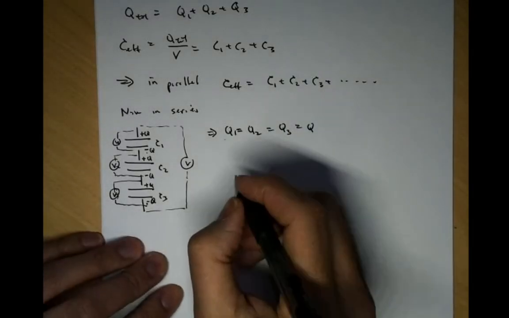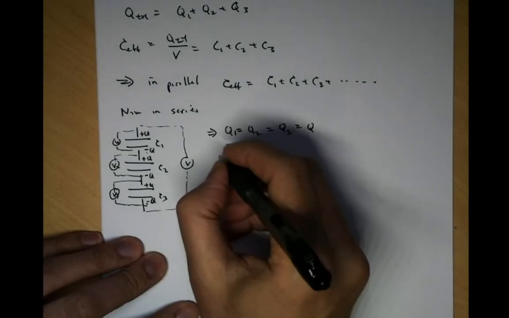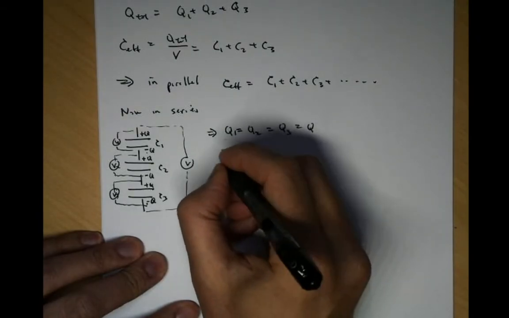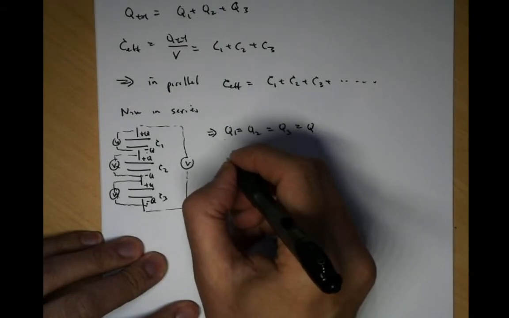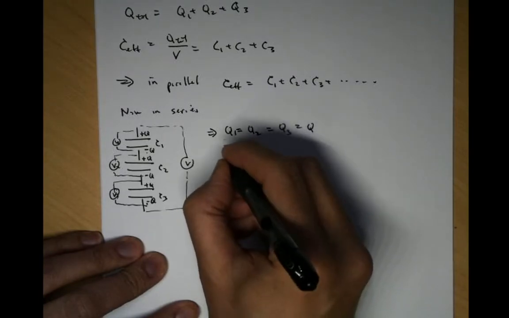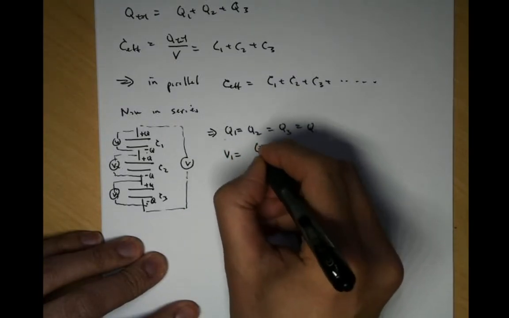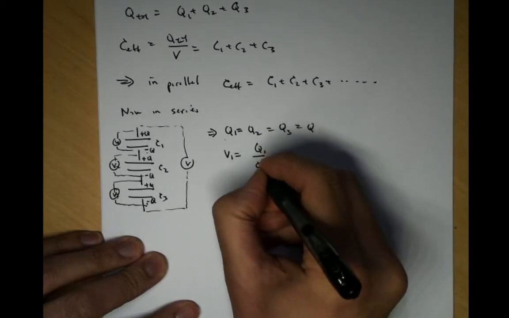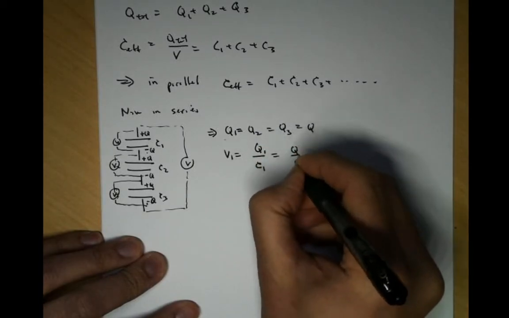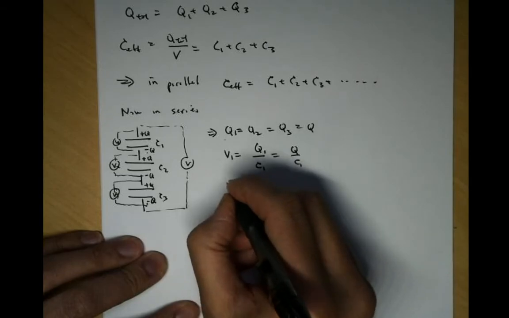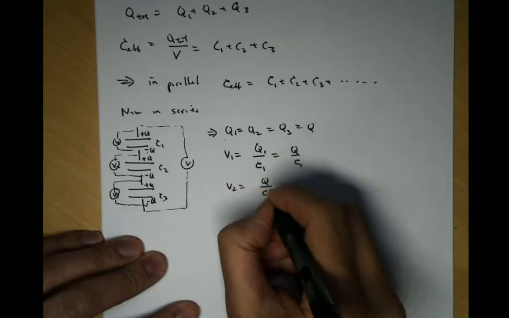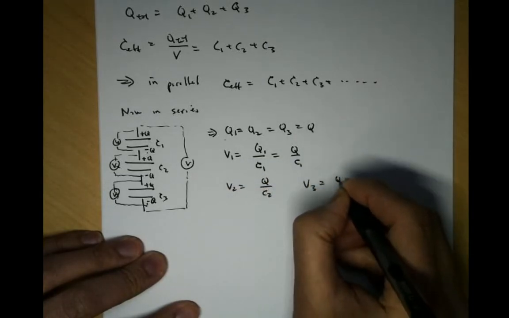And then likewise, if I want to figure out what V1 is, V1 is equal to Q1 over C1, it's just Q over C1, right? V2 is equal to Q over C2, and V3 is equal to Q over C3, right?